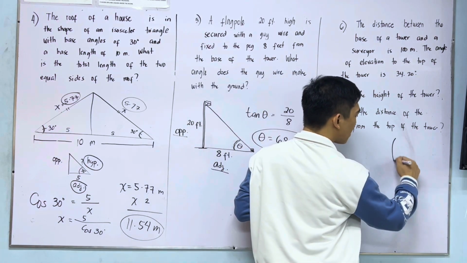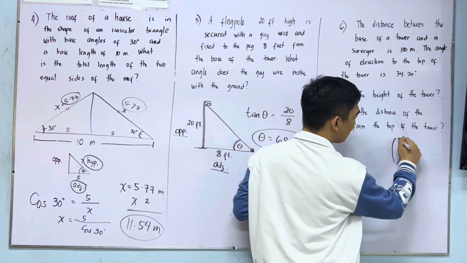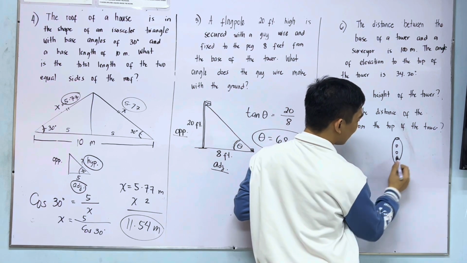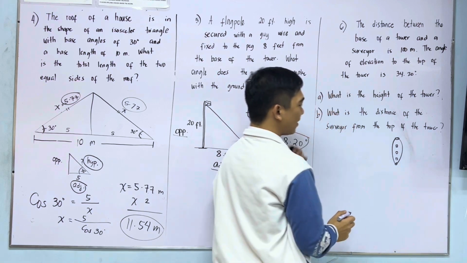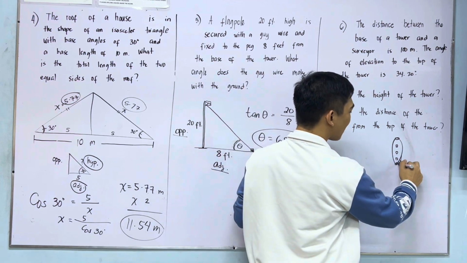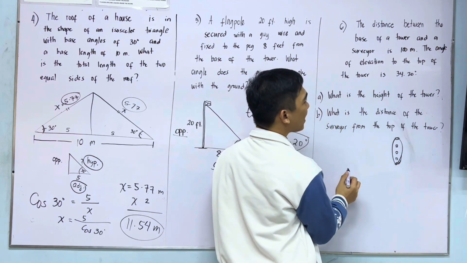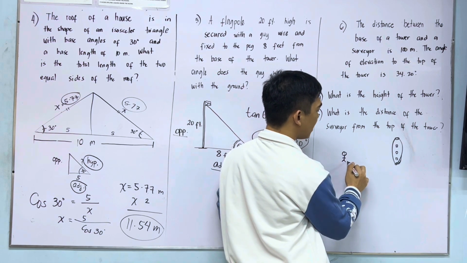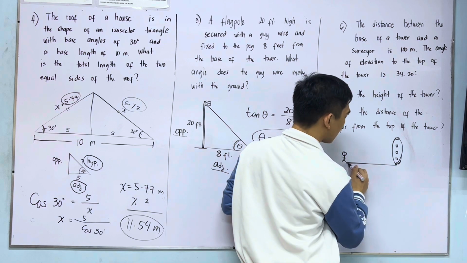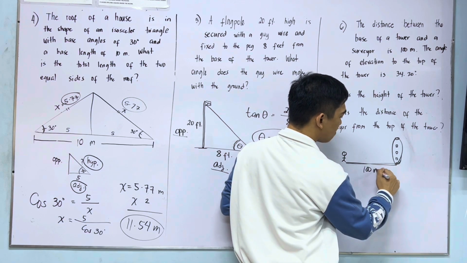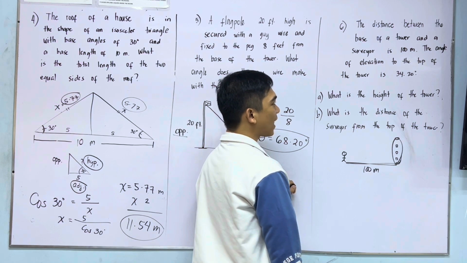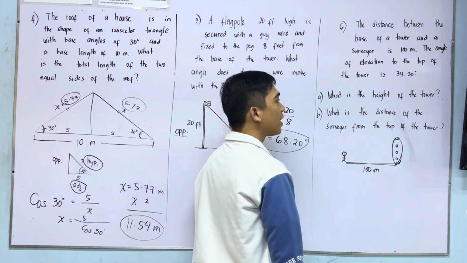So, meron tayong tower. Let's say ito yung tower natin. Tapos, meron tayong surveyor. Ang layo daw niya ay 100 meters din sa tower. The angle of elevation to the top of the tower is 34.20.